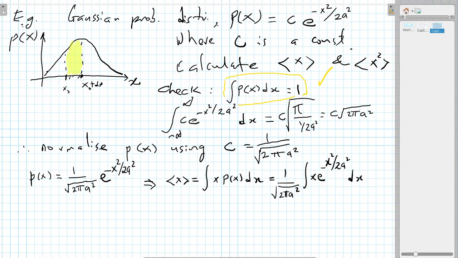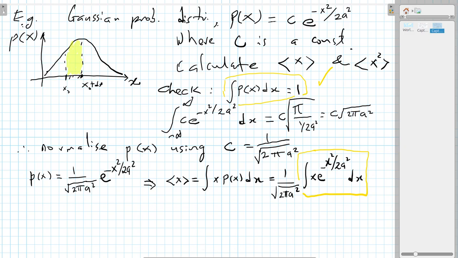The next thing is we want to do the integration. We want to find what this integration is going to be. Because of symmetry, the answer is actually going to be 0.